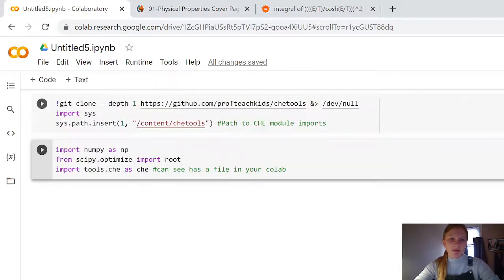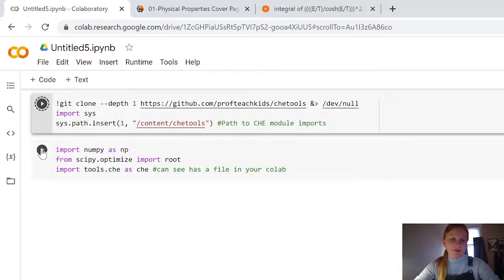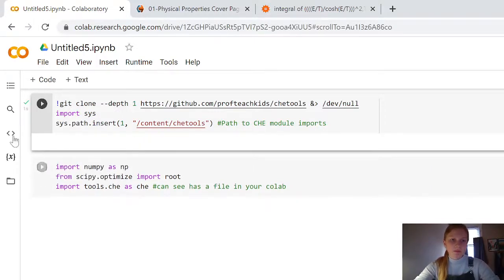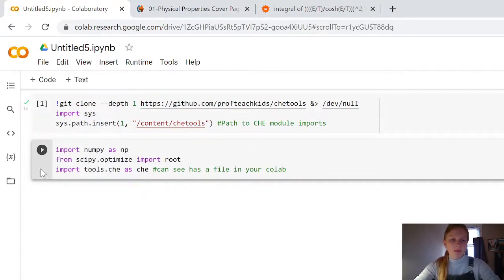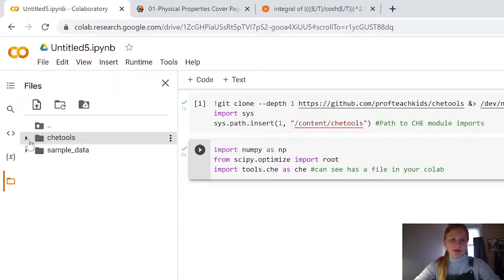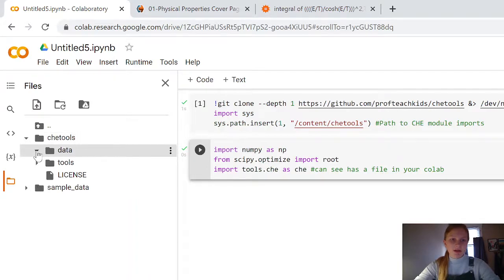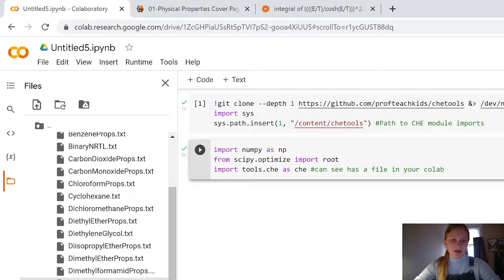Oh, I have to load them in first. So now it should be over here, CHE tools. We can see all of our data in here.